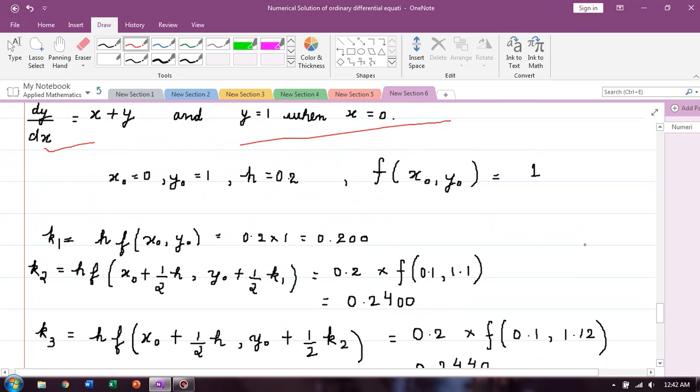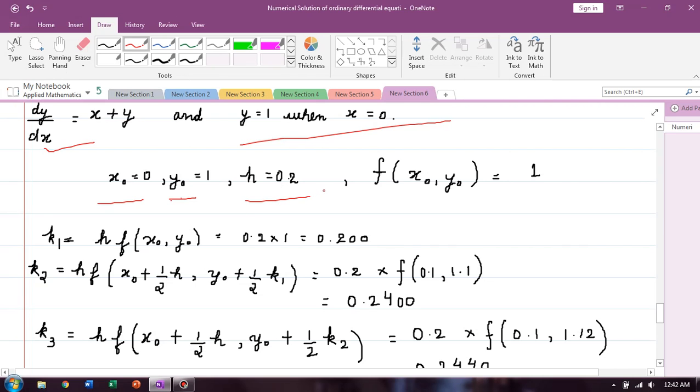So what is already given in the question is that x naught is 0, and at x naught equals 0, y naught is 1. We have to find the approximate value of y at x equals 0.2. This is the reason we are going to take h equals 0.2.